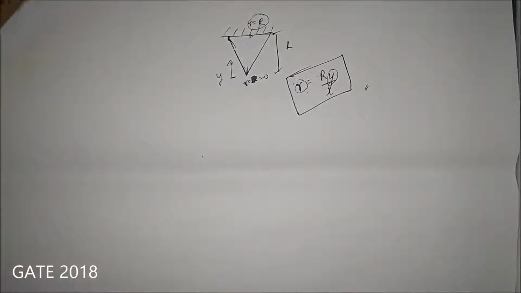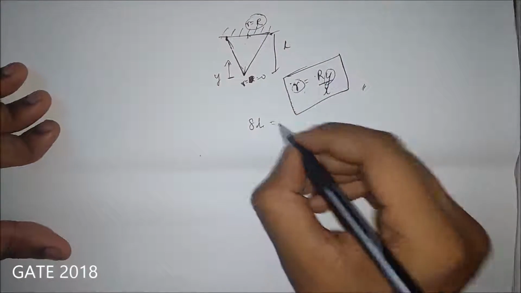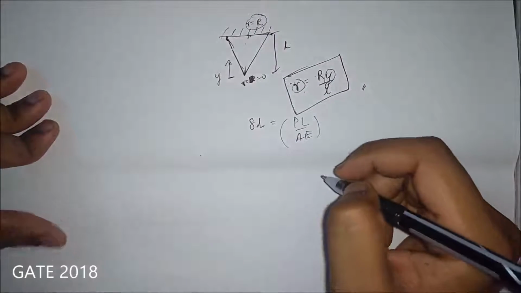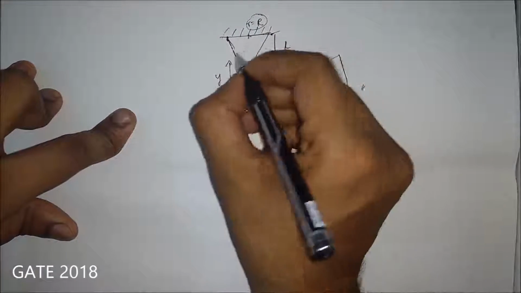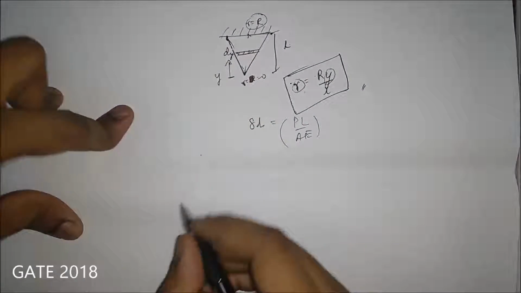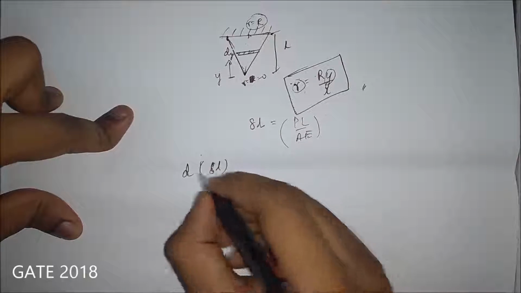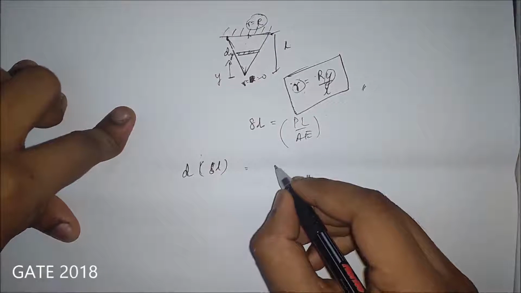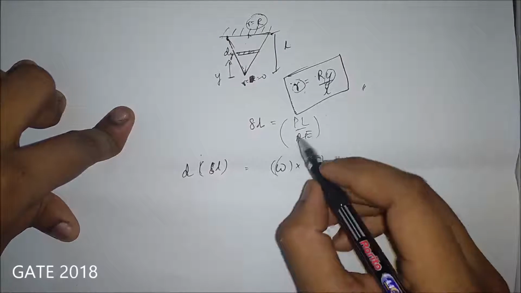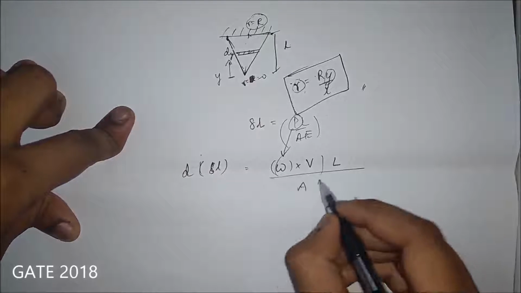Now we need to find the change in length, right? Change in length is nothing but PL by AE. Taking a small element dy, the differential element of delta L will become weight density into volume, which is the substitution for P, into L by AE.